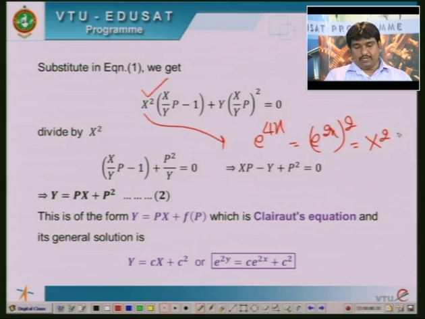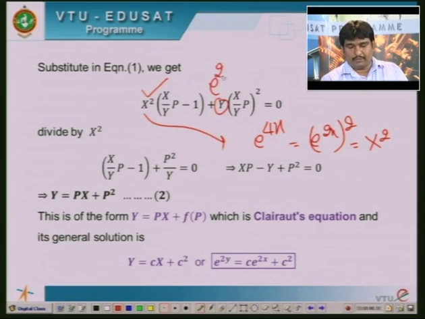This is x by y into p. There is a small p term, x by y into p minus 1 plus y. This corresponds to the term e to the power of 2y into small p square. Small p is x by y into capital P. Small p square equals 0.